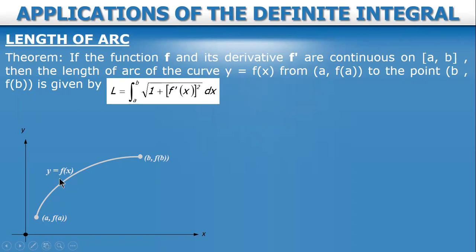We can subdivide this into, let us say, 4 line segments, or 8 line segments. If we increase the number of line segments, the value we get is closer to the true length of the arc.